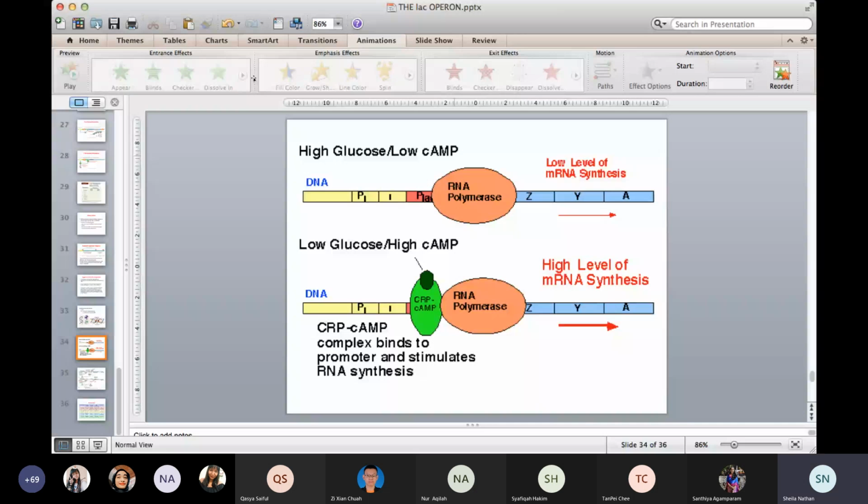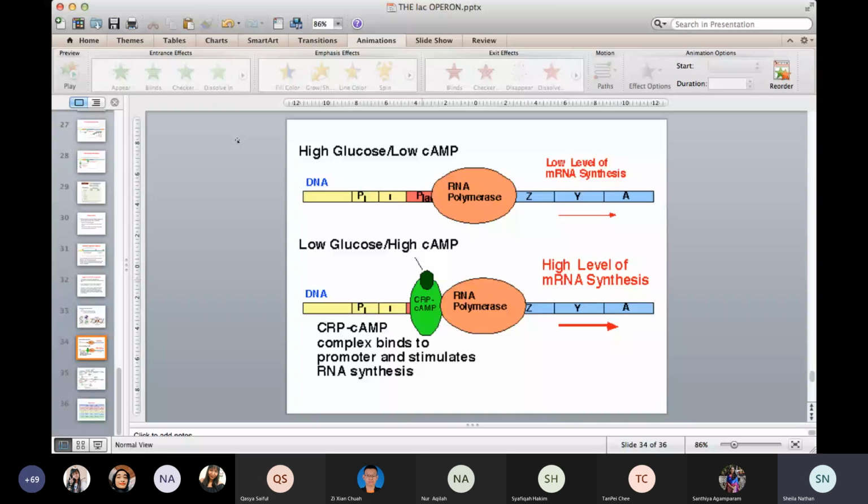On the other hand, when there is a low amount of glucose, there will be high cAMP. Now, inside the promoter for the Z, Y, and A, there is a binding site for the cAMP complex, or what is called the CRP molecule.